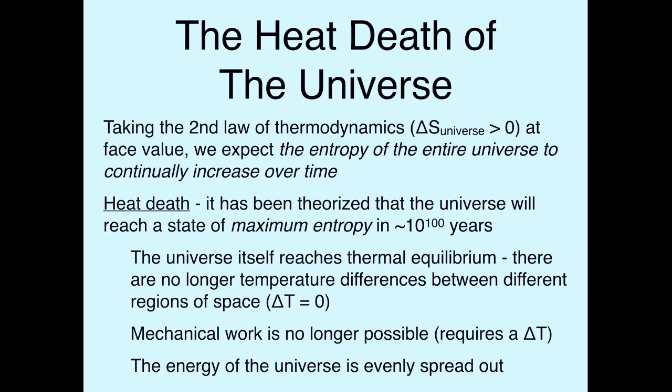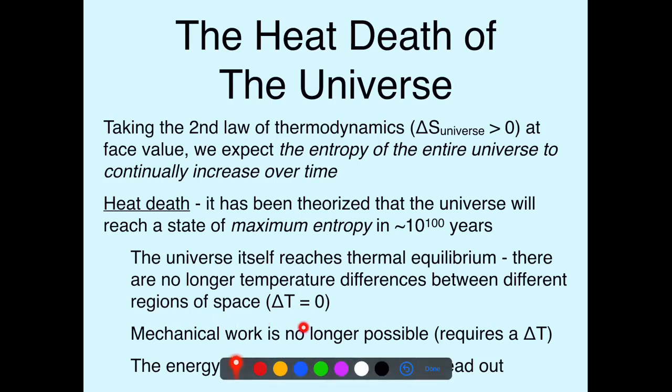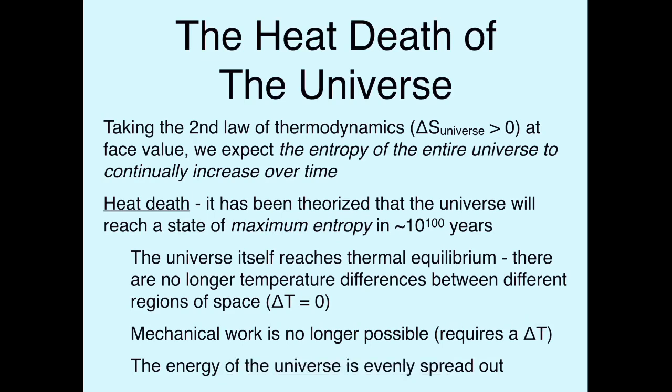And once that is the case, mechanical work of any kind is no longer going to be possible, because if you remember from what we talked about with Carnot engines and things like this, you need a temperature difference. You need two different temperatures to drive a heat engine to do mechanical work. So if everything in the universe just has the same exact temperature, then mechanical work is no longer possible.